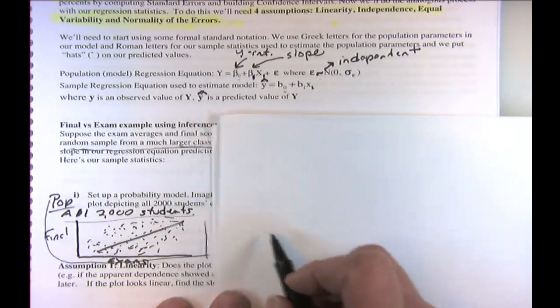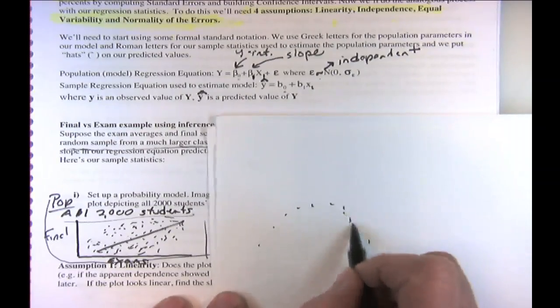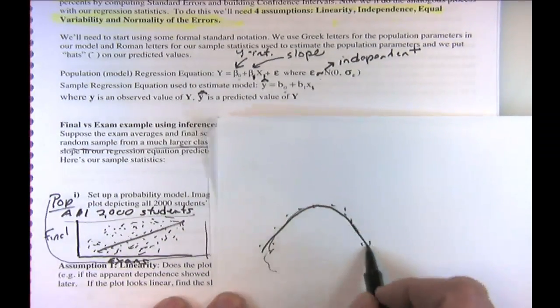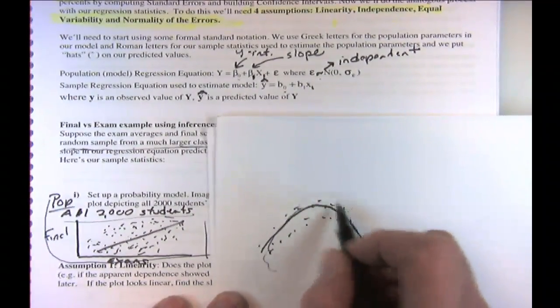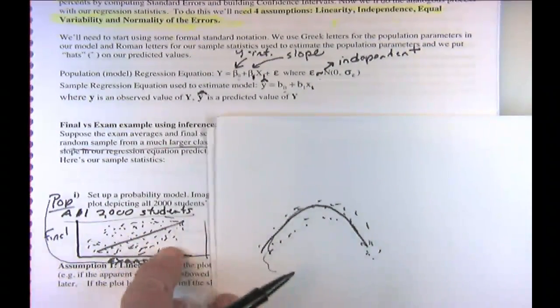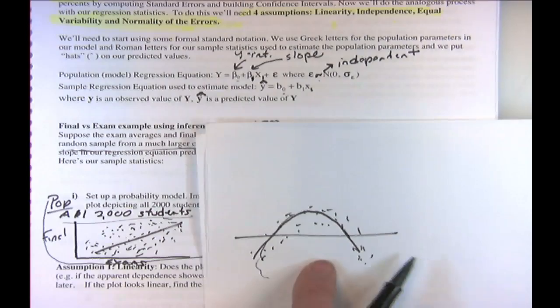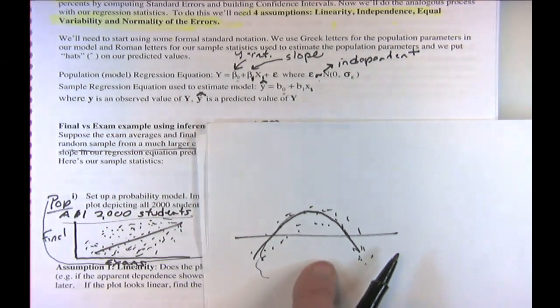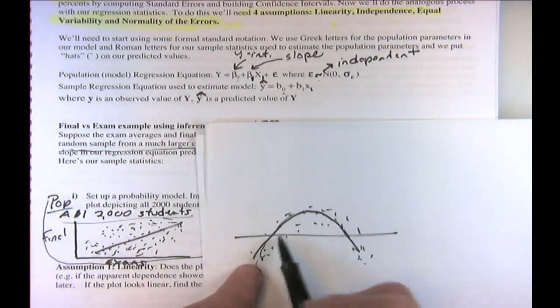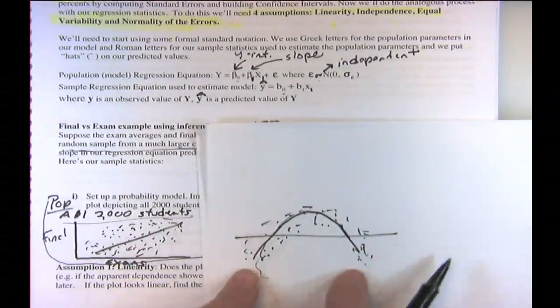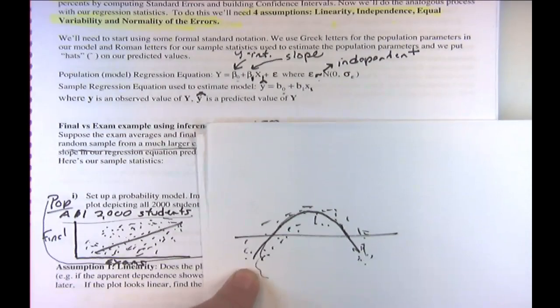Something like that, like a parabola or something. We'd best fit it not with a line, but with something else. So we want to assume it's linear. I mean, we could fit a line here. There's nothing stopping us. We'd get a slope of 0. We'd say there's no correlation, but that's a stupid model if we have a pattern like this, because we can do a lot better and we could fit a curve to it, or we could do some transformation of the data to make it linear.